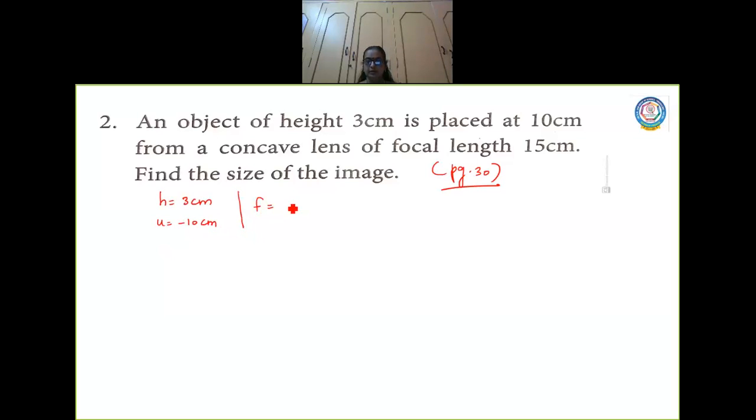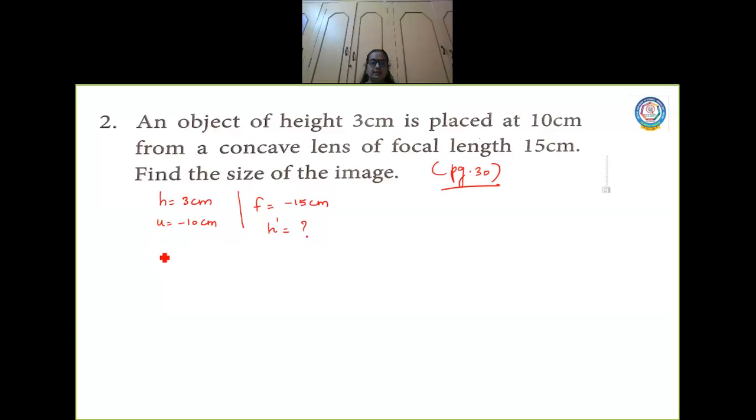Focal length of a concave lens is negative, so it is minus 15 centimeter. Find the size of the image. Size of the image in the sense, what is size? Size means you should find out the value of h dash. So first we'll find out v, then we'll find out h dash, right?